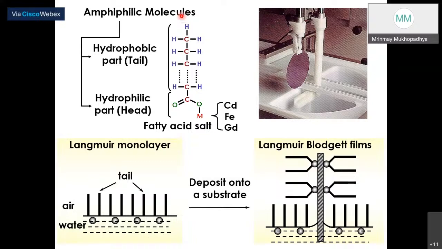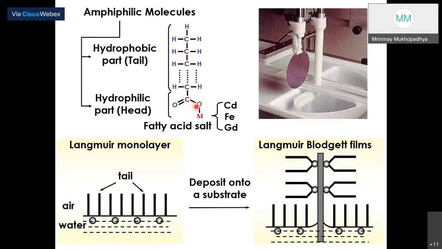Okay, so I already told you these are stearic acid molecules. These are amphiphilic in nature. Amphiphilic means, you are biology students, so you know what amphiphilic is better than me. You have a hydrophobic part and a hydrophilic part.